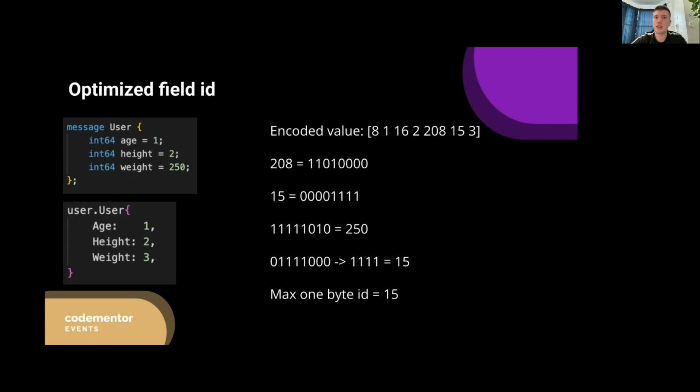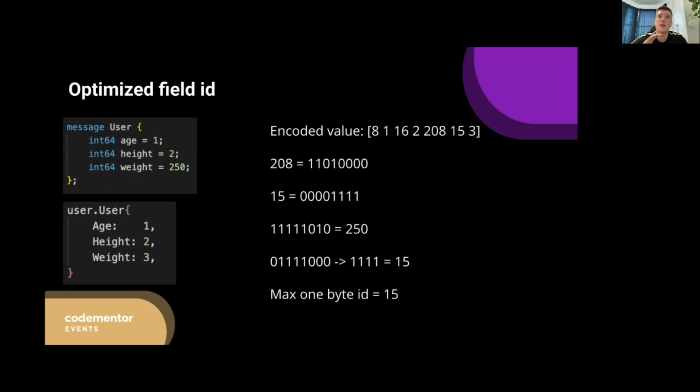So the maximum ID that you can fit into 1 byte is basically 15. You can't use the most significant bit, and the first 3 bits are used for the value type, or the wire type definition. As a result, the maximum value that you can pass is 15.